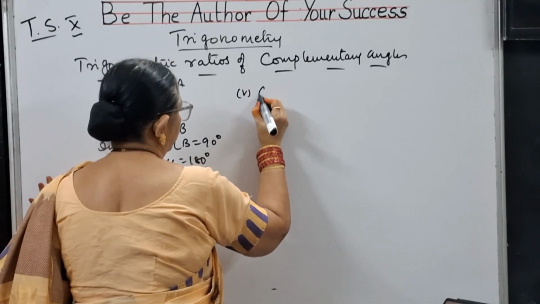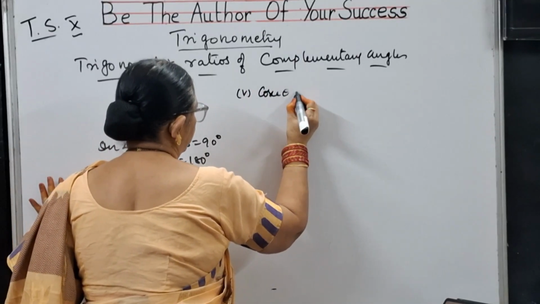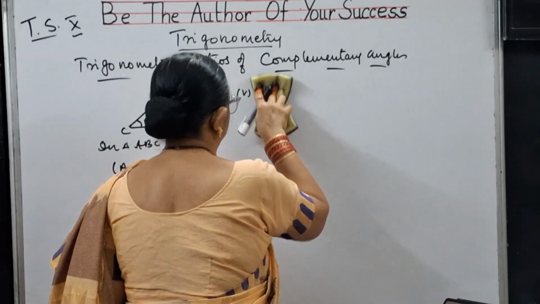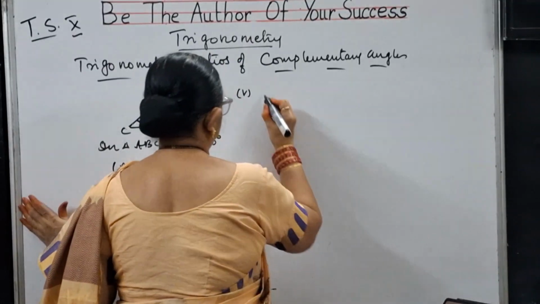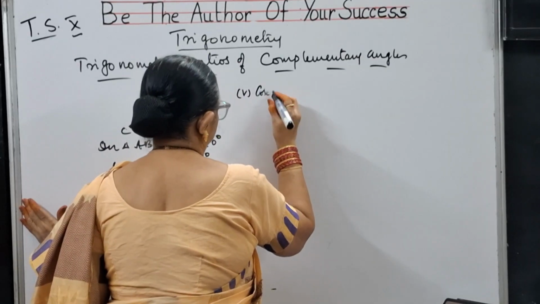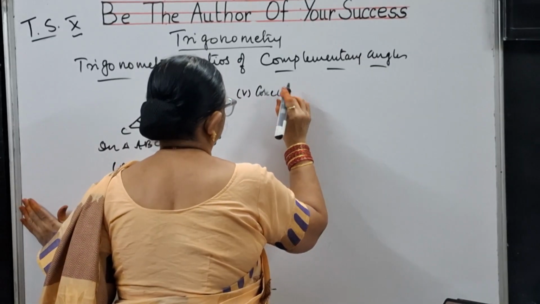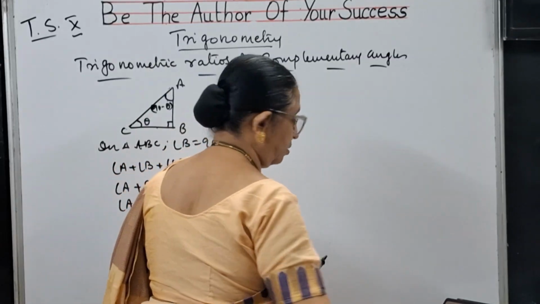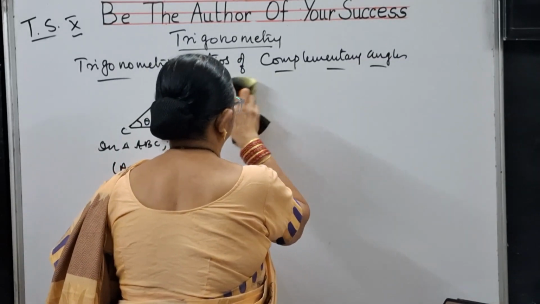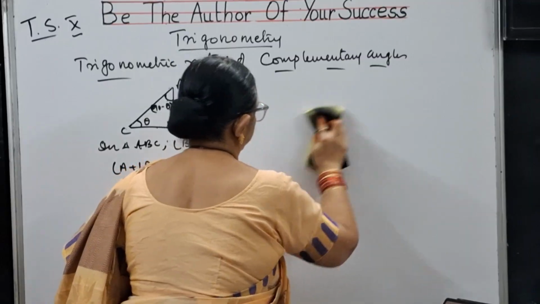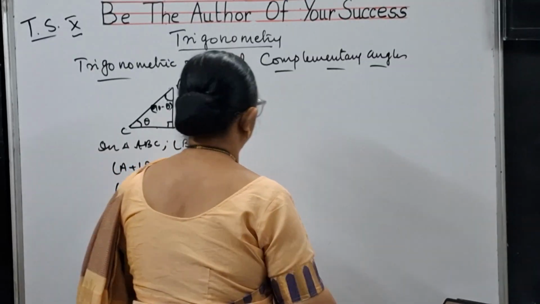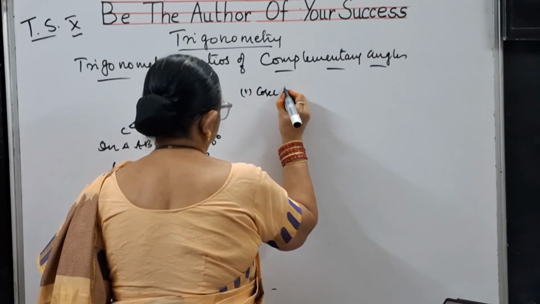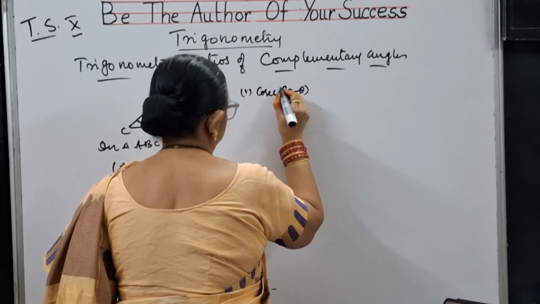Now, fifth one, cosecant 90 minus theta.